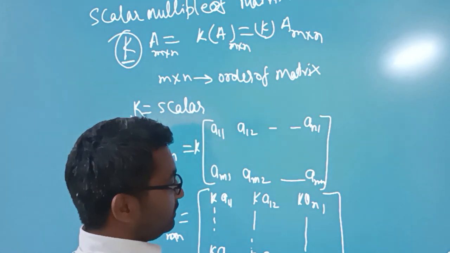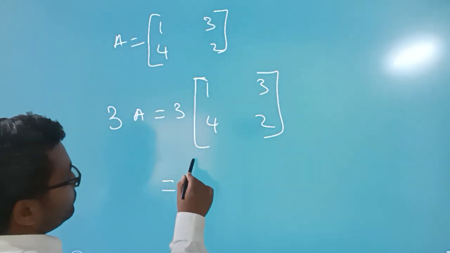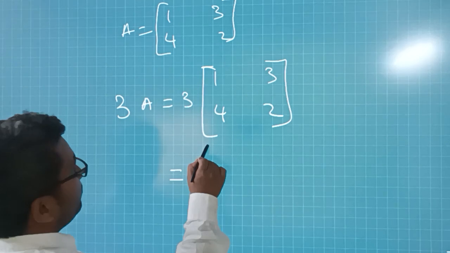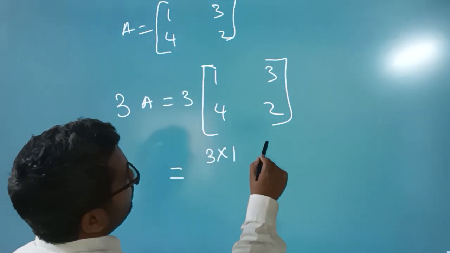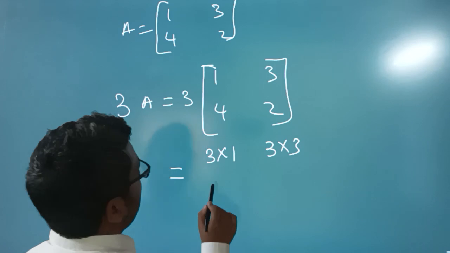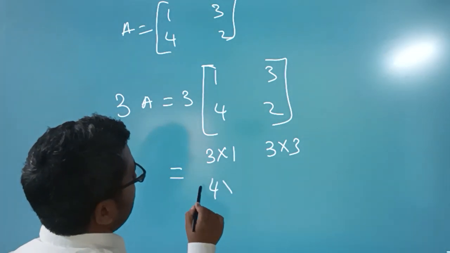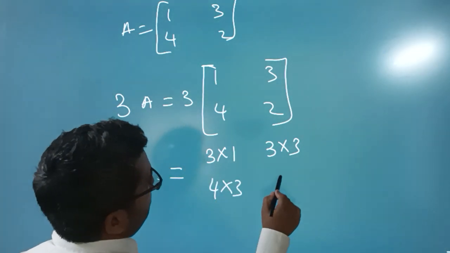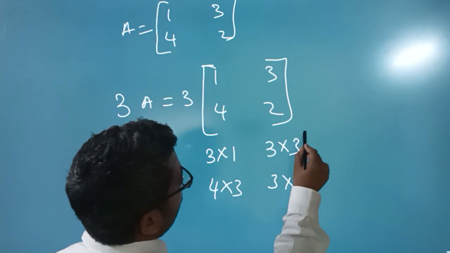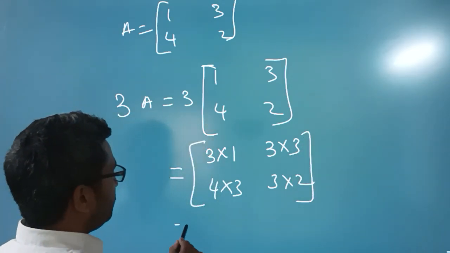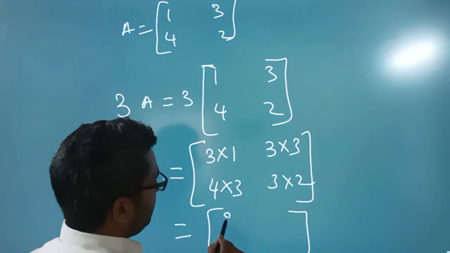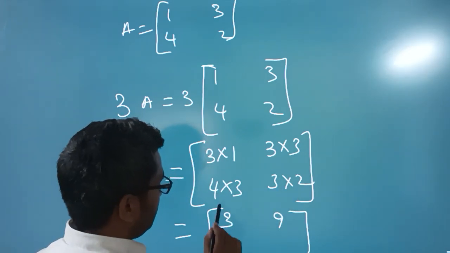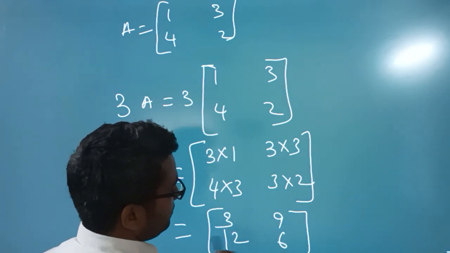So in this question we find the value: 3 into 1, 3 into 3, 3 into 4, 3 into 2. That is the value of 3A, a scalar multiple of the matrix: 3, 9, 12 and 6.